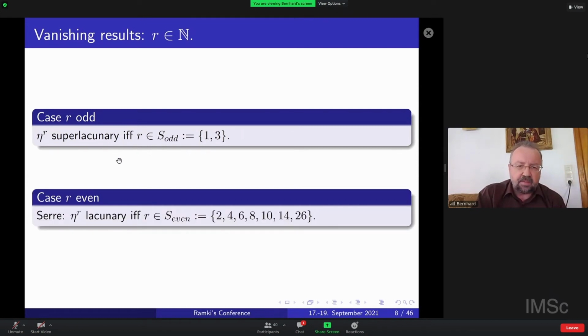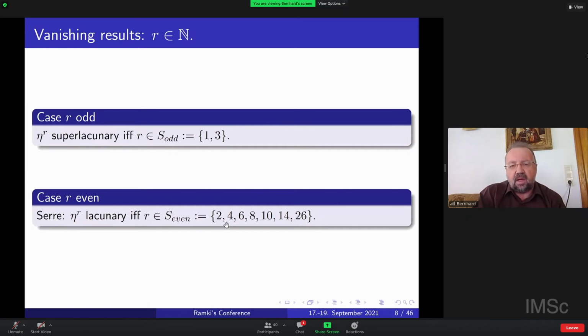When you take even powers, it's by Serre, and using results of Ribet, you have a lacunary coefficient rate. That means also a lot of vanishing, but not so many.